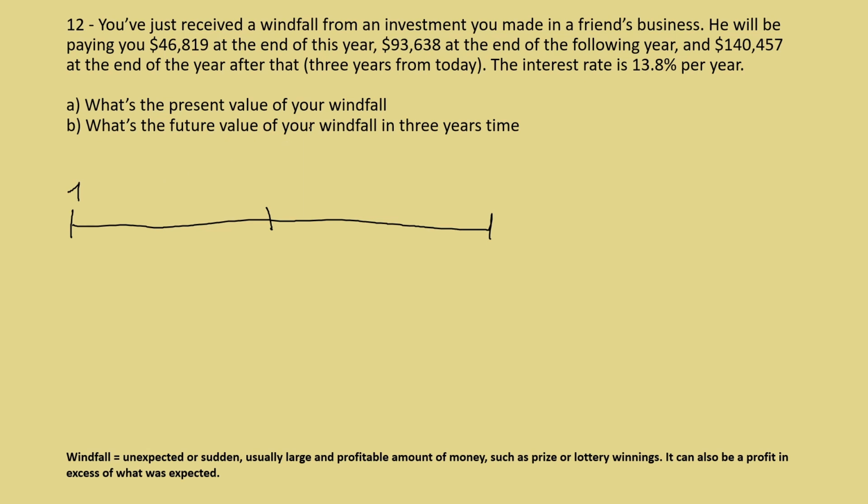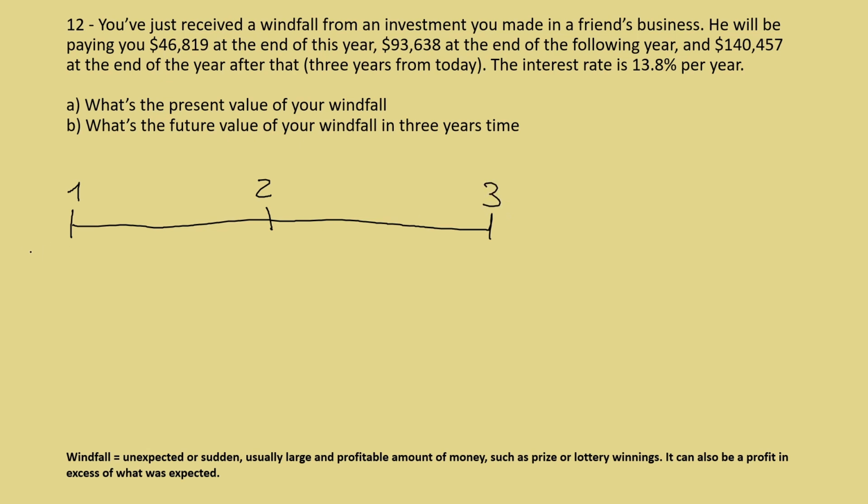If it said he will be paying you this amount of money today, then that would be period 0. But because it says at the end of this year, it's period 1. Then it says 93,000 at the end of the following year, so period 2. And then 140,000 at the end of the year after that, so 3 years from today, period 3.